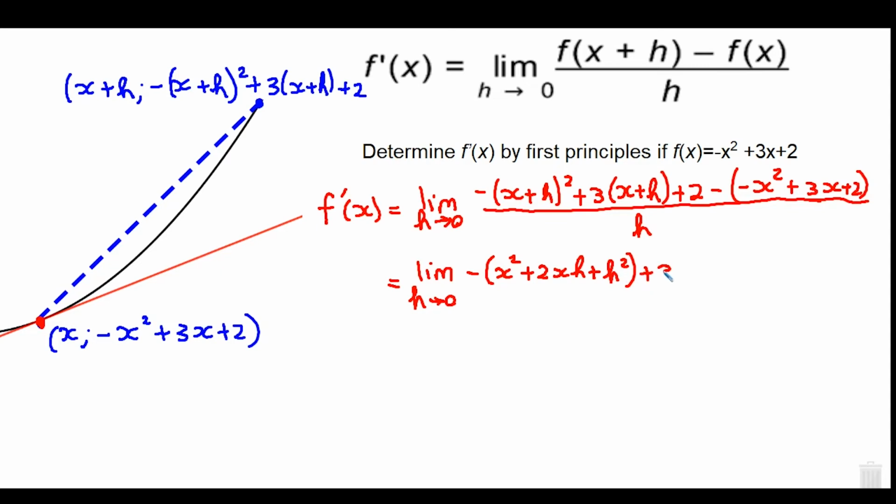Then we've got 3x plus 3h. Then we've got plus 2. Then we've got minus negative x squared, so it's actually positive x squared. We've got negative minus positive 3x and minus 3x minus 2, all over h. Okay, right.